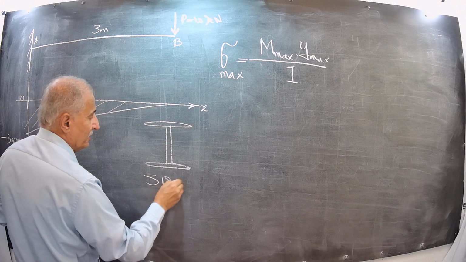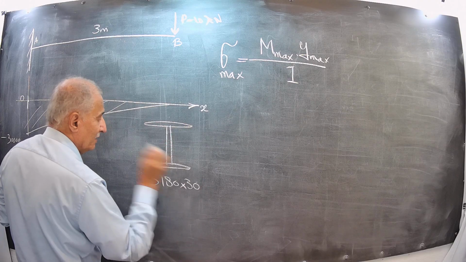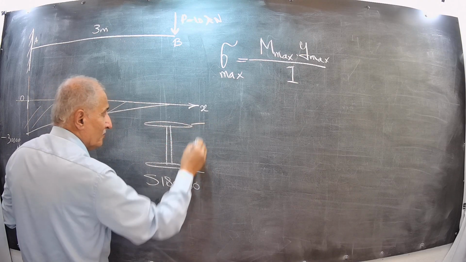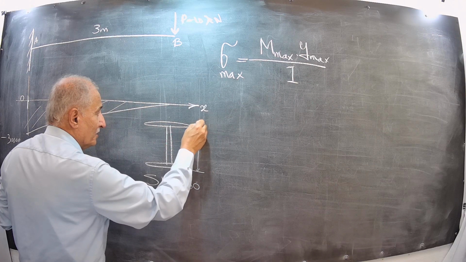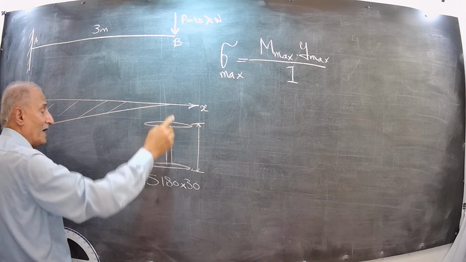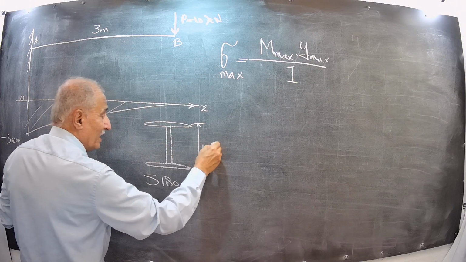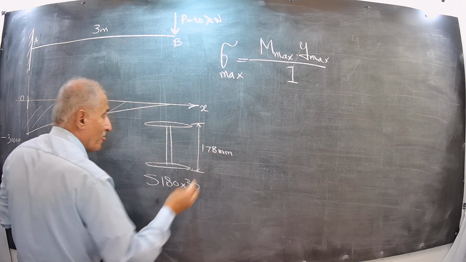S 180 times 30. 180 is the nominal size. From the top surface of the top flange to the bottom surface of the bottom flange is 178 mm.